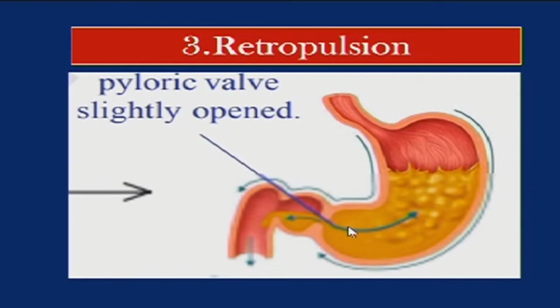Only small amounts of chyme are allowed to enter the duodenum from the stomach. Immediately the pyloric valve closes and all these contents are reversed back into the stomach. So, students, we have seen the three major functions of the stomach: propulsion, grinding, and retropulsion. By these functions the bolus has now become chyme. Now, this chyme is slowly entering the first part of the small intestine, that is the duodenum.